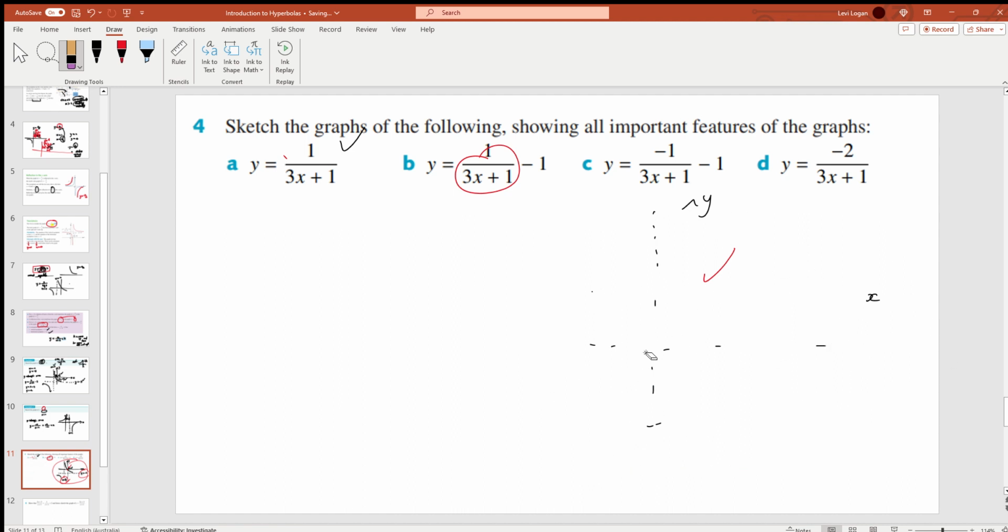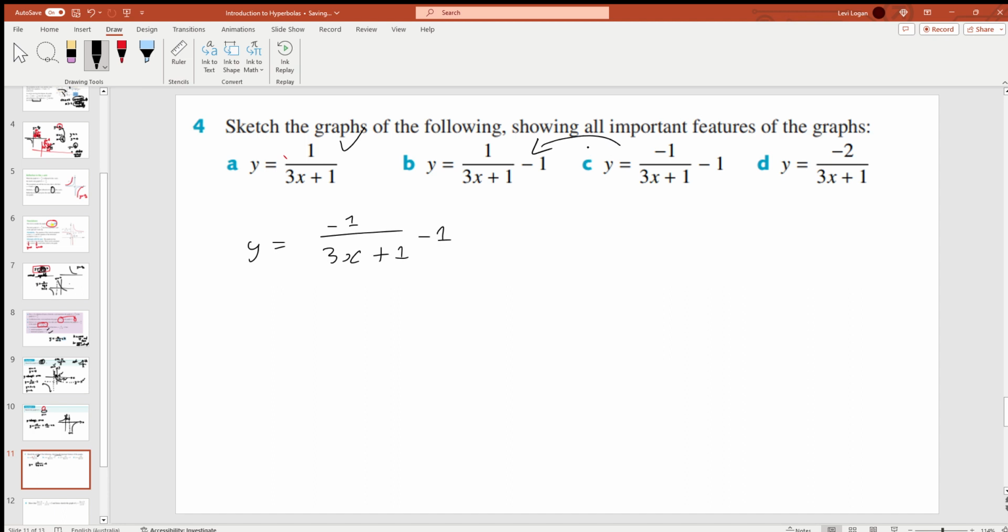Okay, so we'll be using question C, which is the exact same setup, but slightly different. In question C, we have y equals minus a third, 1 on 3x plus 1 minus 1. So the only difference between these two is it's been reflected now.